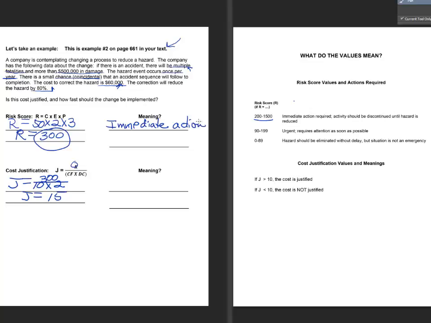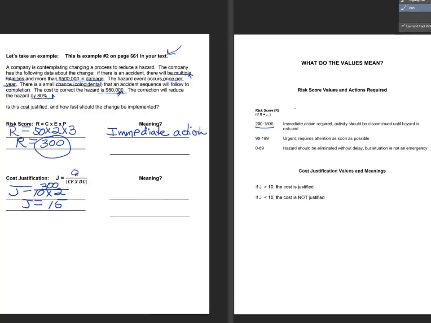That's kind of the highest level. We need to fix that pretty fast. And activity should be discontinued. In other words, stop the presses, stop everything, and fix whatever's going on. All right, so we know that this is really important.